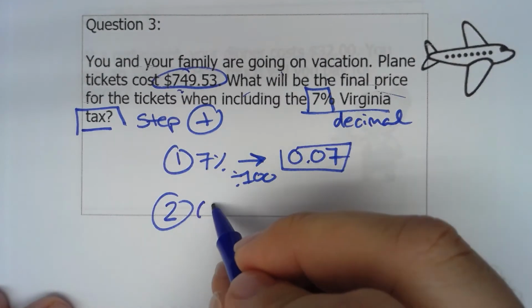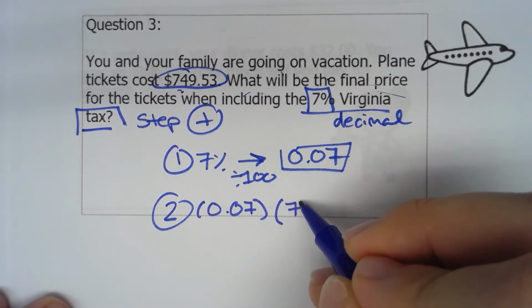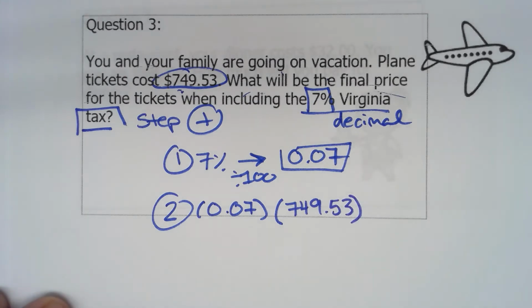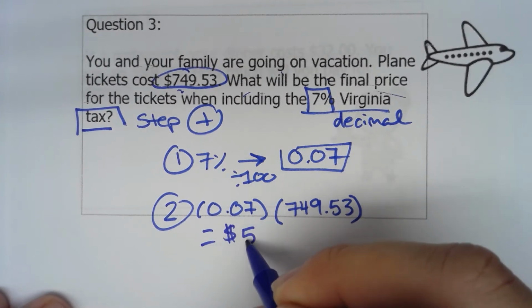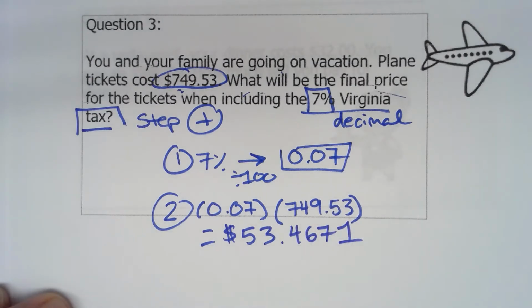So I'm going to do 0.07 times $749.53. Okay. Let me do that on my calculator real quick. And I get 52.4671.